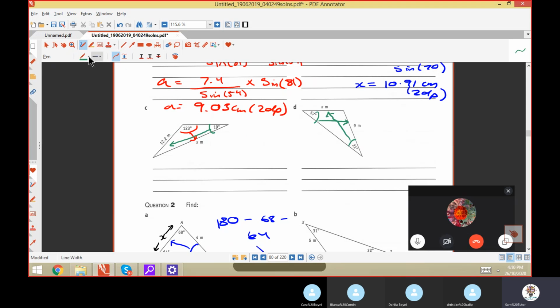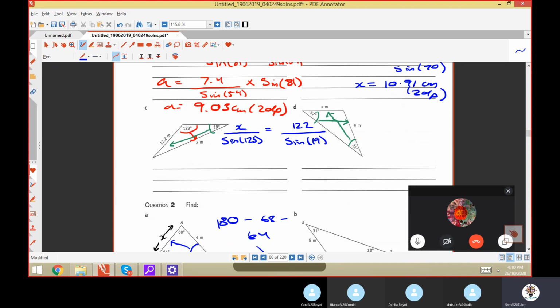So the way to do this is you put x on top of the angle that forms it, which is sine 123, is equal to 12.2 all over sine 19. Any questions there so far? That's just applying the formula.